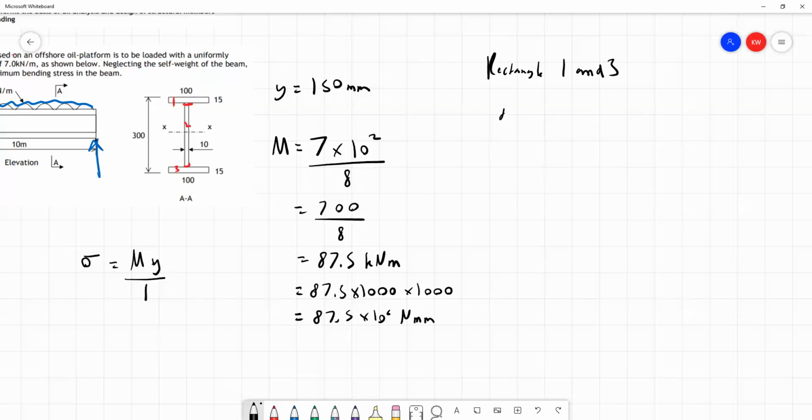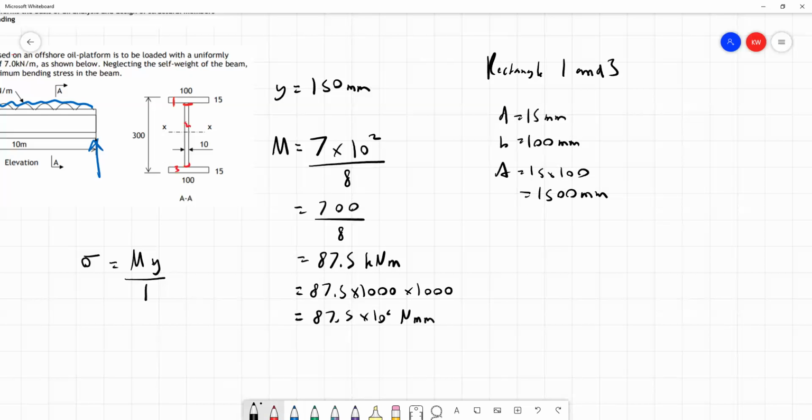For each of those, they have a depth of 15 millimeters, a breadth of 100 millimeters, an area of 15 times 100, which is 1,500 square millimeters, and the distance c is going to be from the centroid to halfway up the depth of the flange. And so the flange has got a depth of 15, that means 7.5.